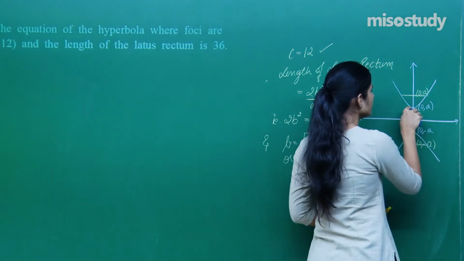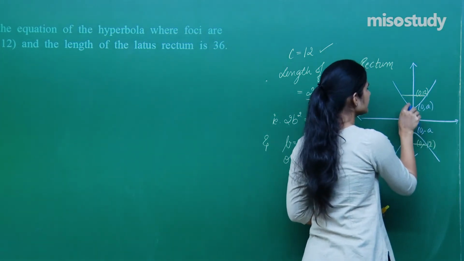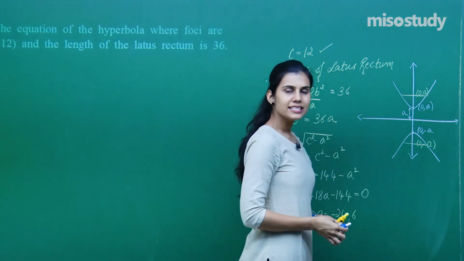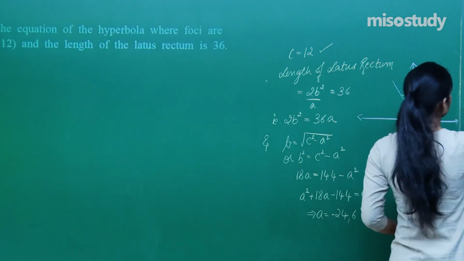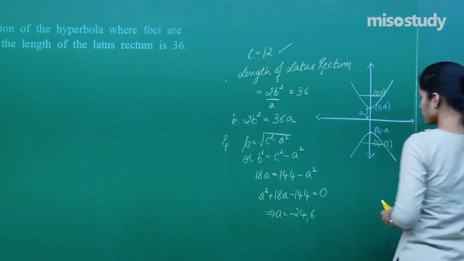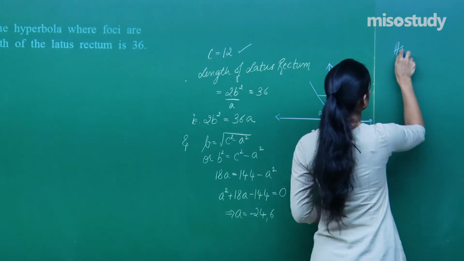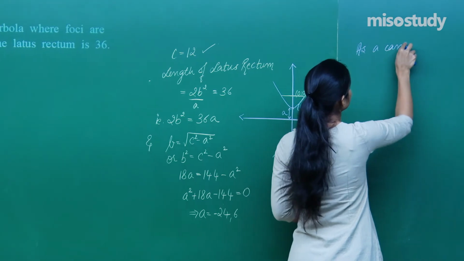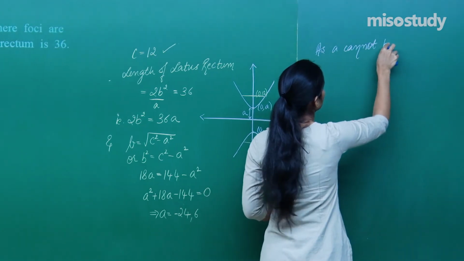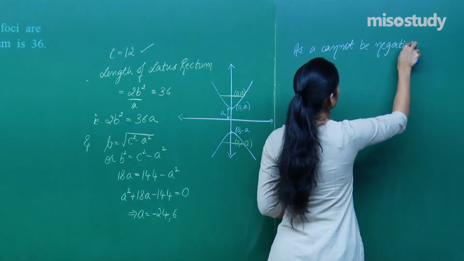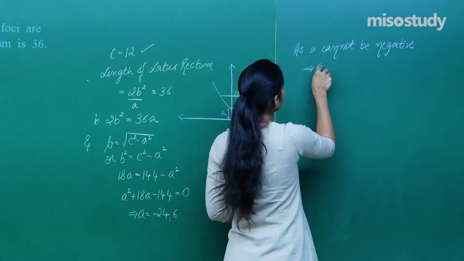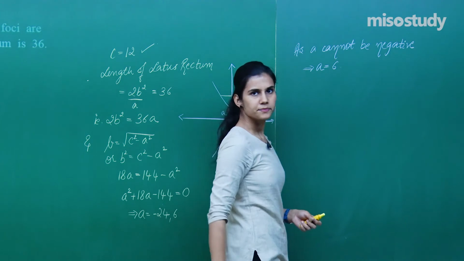This is my origin, so from here to here the distance is a. A is a length, so a can never be negative. I cannot take a to be minus 24. Therefore a is not equal to minus 24 and a is equal to 6.